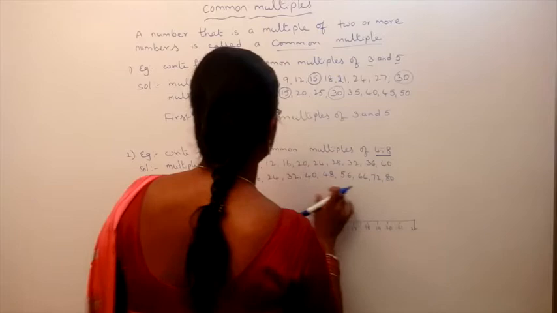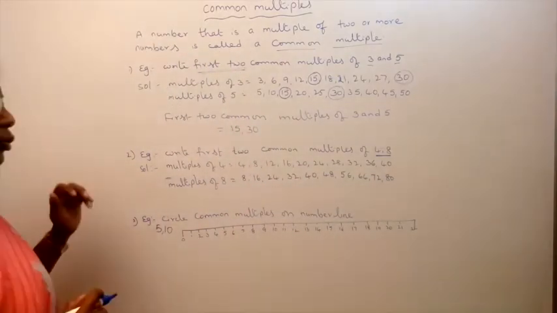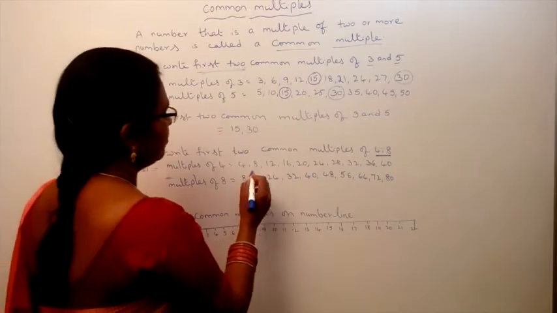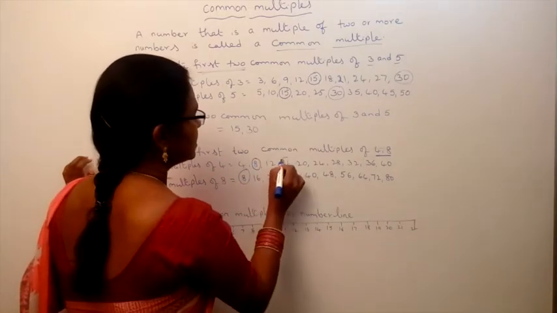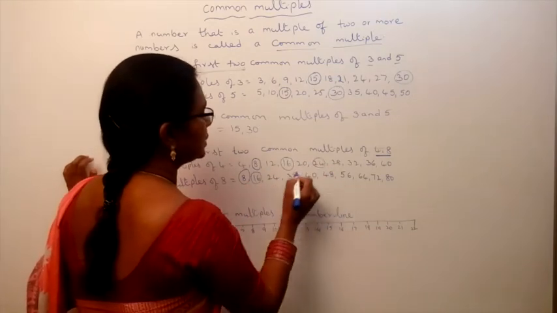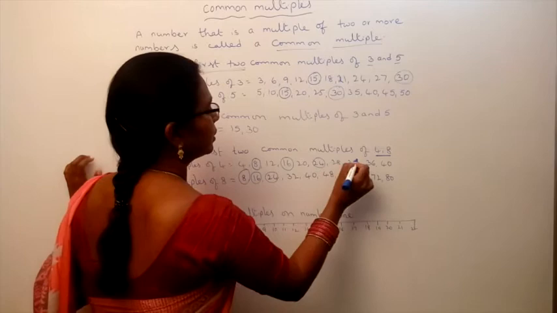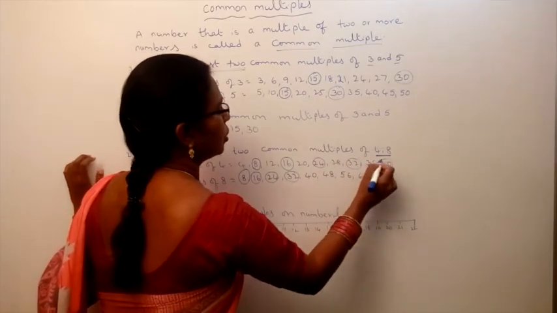These are the first 10 multiples of 8. Now, we have to take common in both. In this, which are the common? First 8 is common. Next, 16 is common. Next, 24 is common. 32 is common. 40 also common.